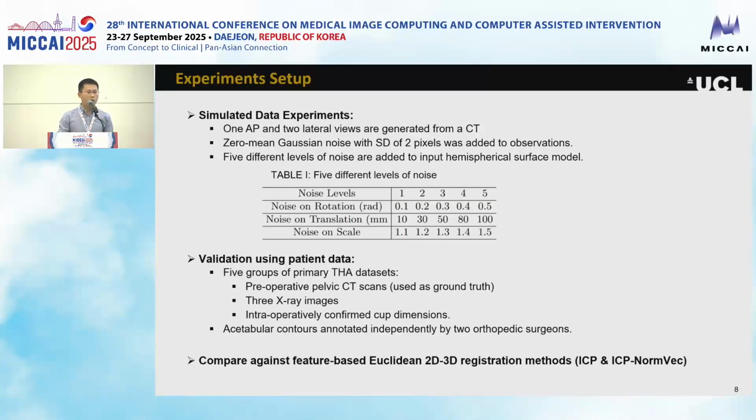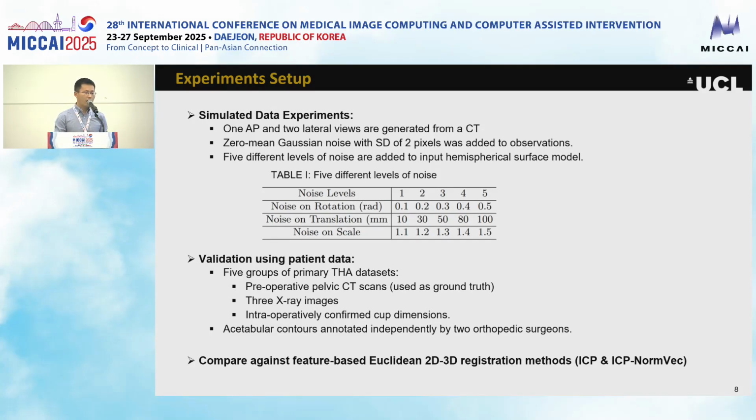The proposed framework is validated by simulated and real patient datasets and compared against the SOTA methods. In the simulation, one AP view and two lateral views are generated from CT to test the robustness and accuracy of the proposed framework. We add noise to the observation and also add different noise to the rotation, translation, and scale of the input model.